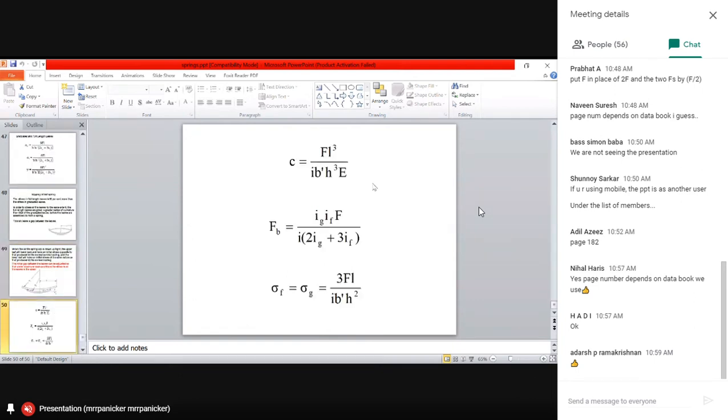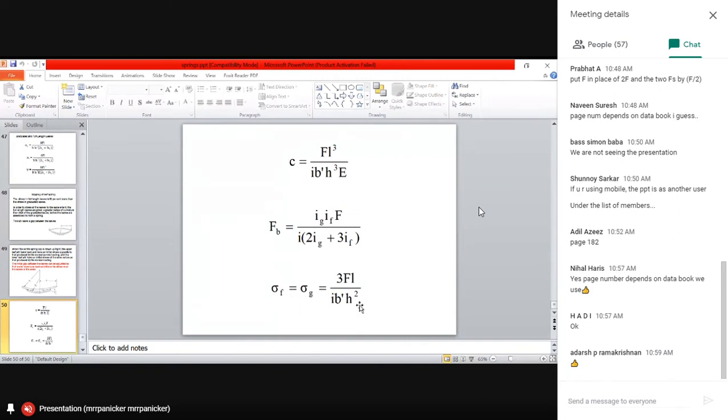If you want this stress, that is sigma F equal to sigma G, that is equal to 3FL by i B dash h square. This equation you can note down.